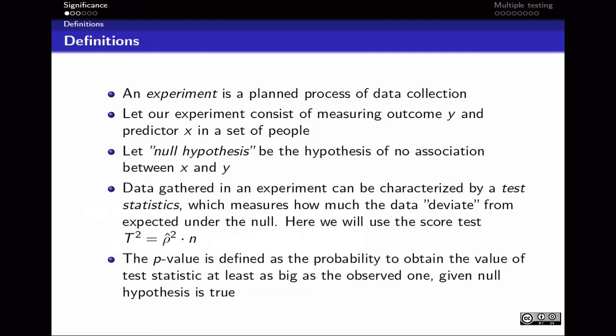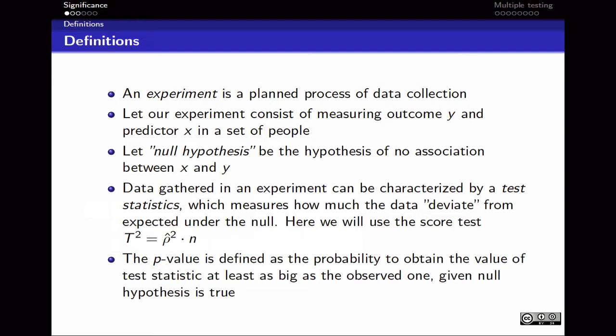So again, the coefficient of correlation measures the association, how strong is the relation between the outcome and the predictor, and then the more is the sample size, the stronger is the evidence that this deviation from the null hypothesis is not because of random stochastic causes. So we will use the score test.